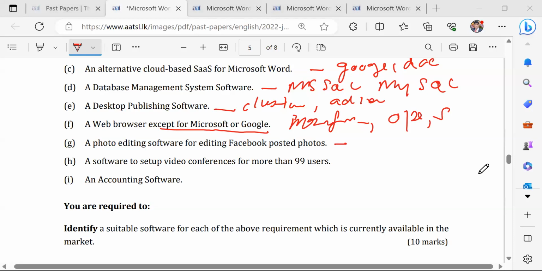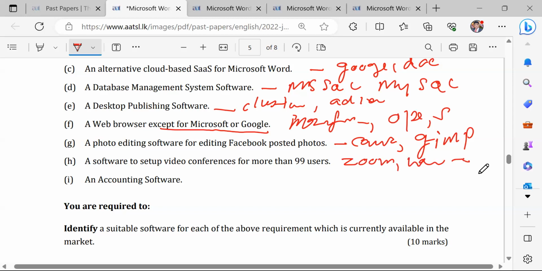Canva, say Canva, GIMP. A software to set up video conference for more than 99 users: Zoom, WebEx, Teams.